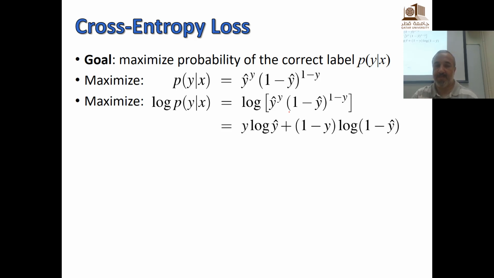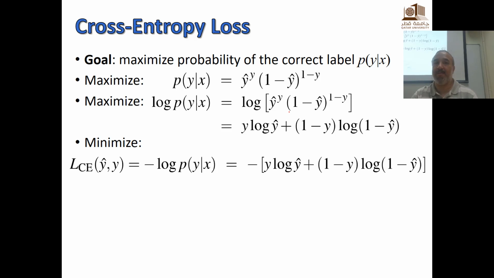Now maximizing this log function is equivalent to minimizing the negative of that function. Any function, by the way: if I want to maximize it, it is equivalent to minimizing the negative value of that function, because multiplying by the negative converts the sign of the value from positive to negative and negative to positive.